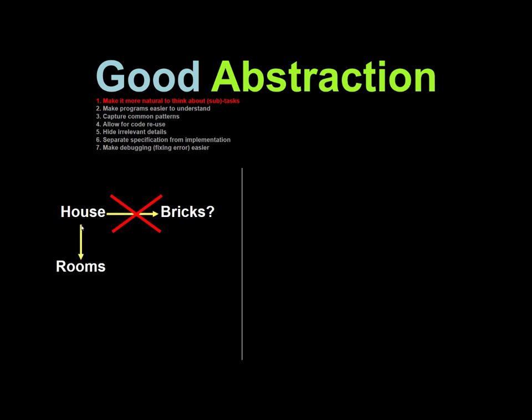1. Make it more natural to think about subtasks. A house is made up of bricks and other building material. But to think of a house as bricks is not quite natural. Instead, you can think of a house as many rooms, and rooms are made up of bricks. In the same way, a program is made up of primitives, but if you think of a program as primitives only, then you will have a big program consisting of just primitives.